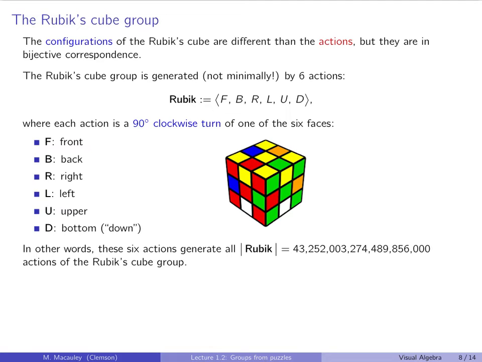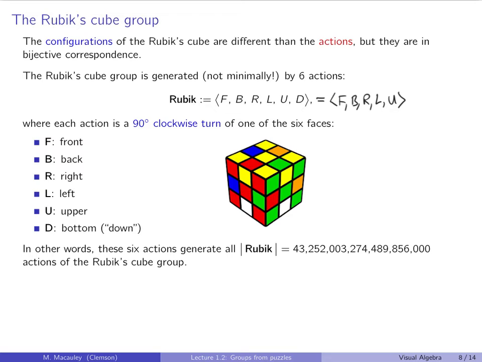Turns out that we can generate any of these actions with the other 5. So there is a way to generate a 90-degree twist of the bottom face with these 5 faces. I don't know how to do it offhand, but it does mean that this Rubik's Cube group is generated by F, B, R, L, and U, and that is minimal, though at least to me that's not obvious at all.